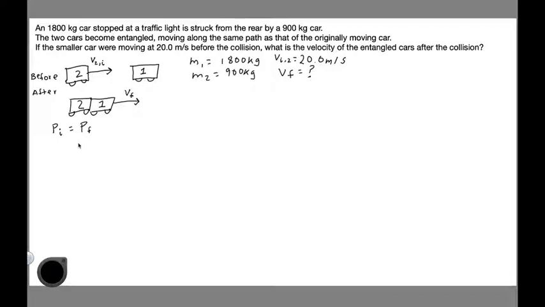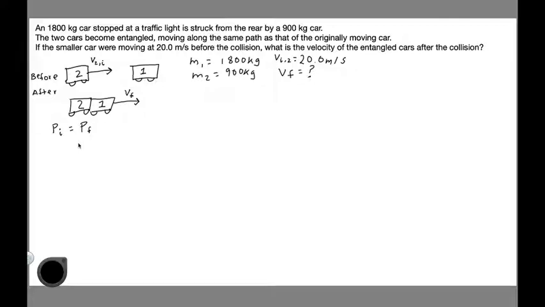And we know that momentum is always conserved before and after the collision. So therefore, the initial momentum of both cars is going to be the same as the final momentum of both cars. So basically, the momentum always remains the same.